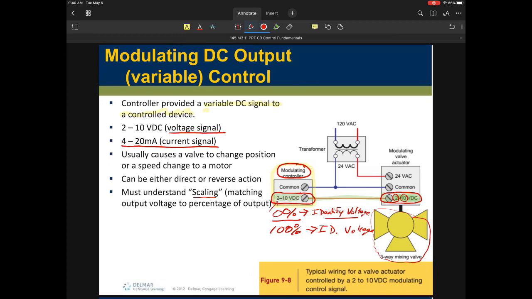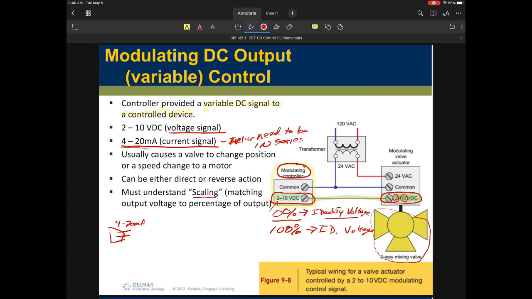However, when you have a 4 to 20 milliamp output signal out of a controller controlling a device that takes a 4 to 20 milliamp signal, that's doable, but now to test that output, I've got to somehow get my meter in series. In other words, the meter needs to be in series to allow you to measure what that signal is.